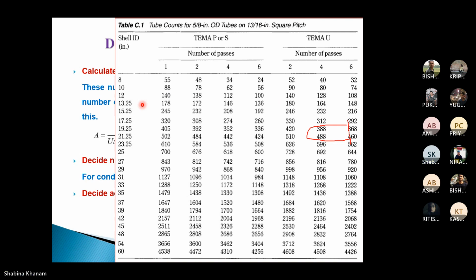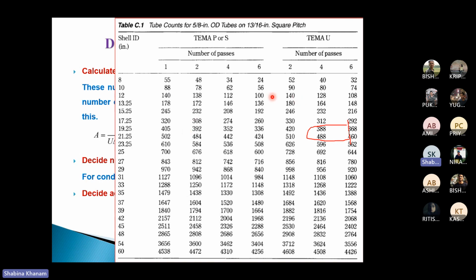Because the calculation is different over here, as we have a different pitch. If it is 1.25 into d naught, then you can use the same expression. But it is recommended to use this approach, because you are not aware of the shell ID, you are not aware of the pitch being more than 1.25 into d naught.